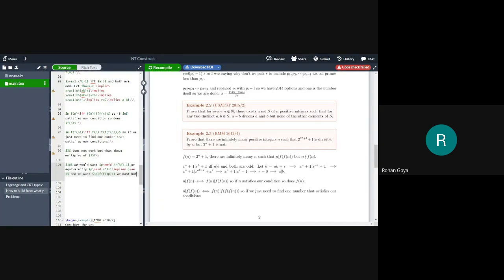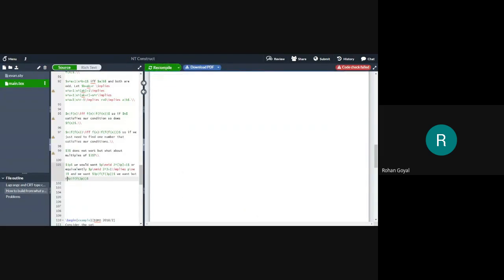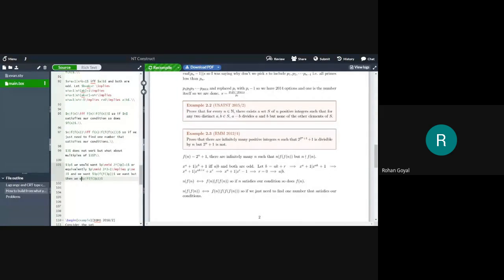We want this, but we already have that 3 works, right? So we just want p to divide 2 to the 3 plus 1. Correct.